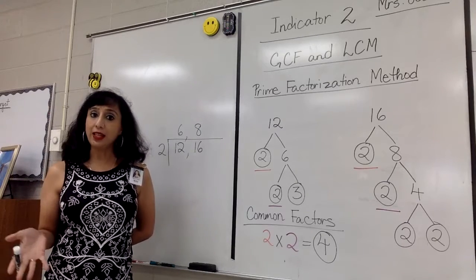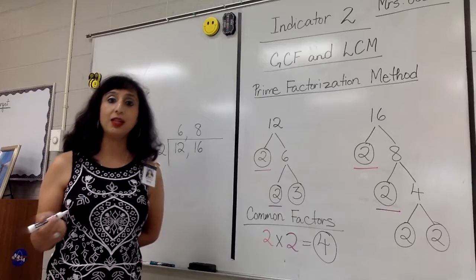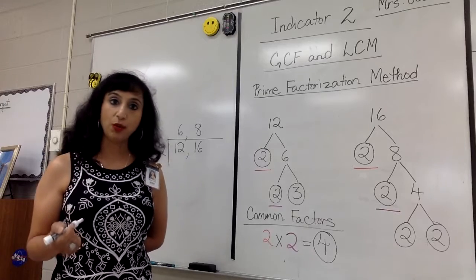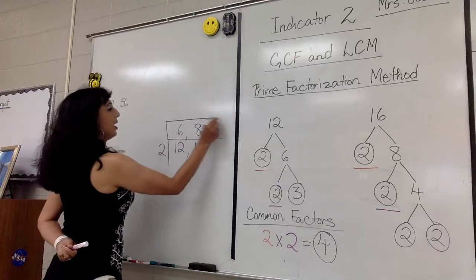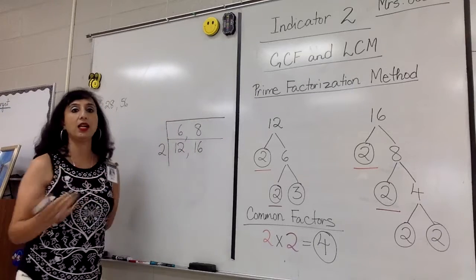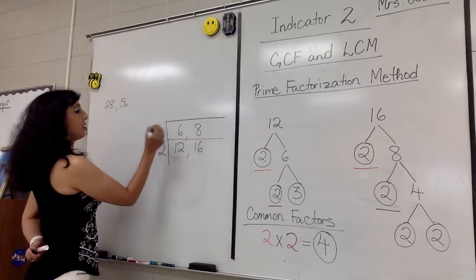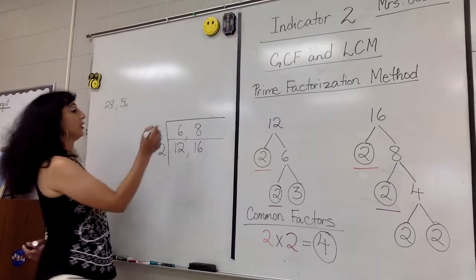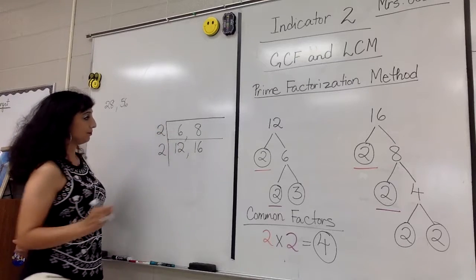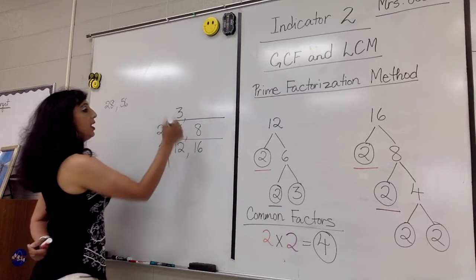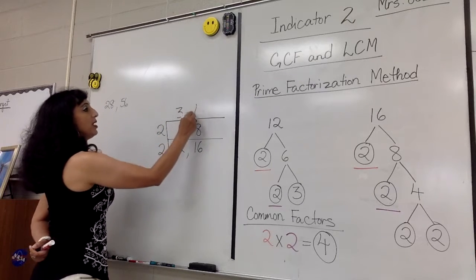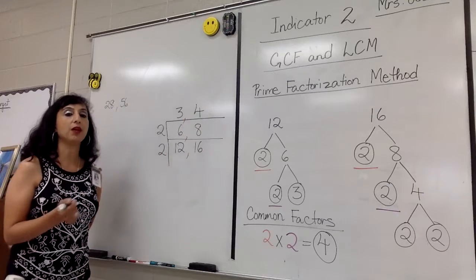Now both of these are still even numbers. That means they are still divisible by something, which would be 2 because they are even numbers. And I again make another layer of the cake, or whatever you want to call it. Okay, so here we go, 2. And 6 divided by 2 is 3. 8 divided by 2 is 4.